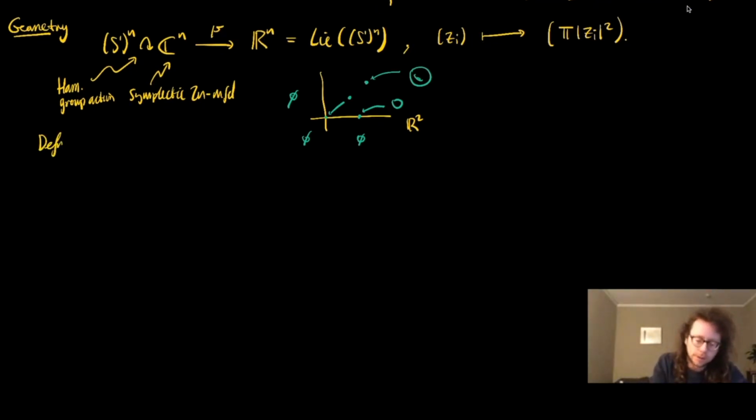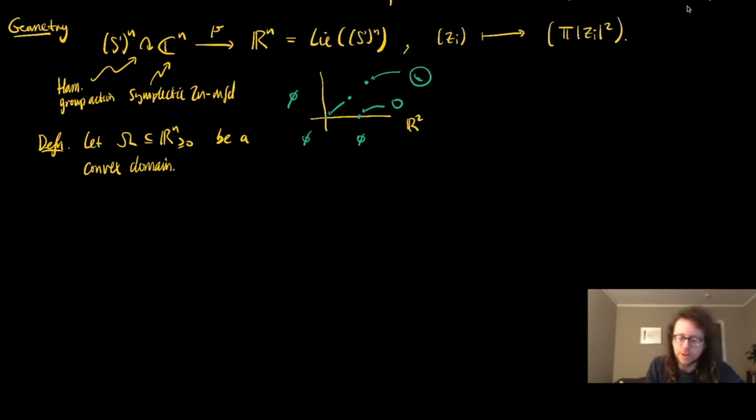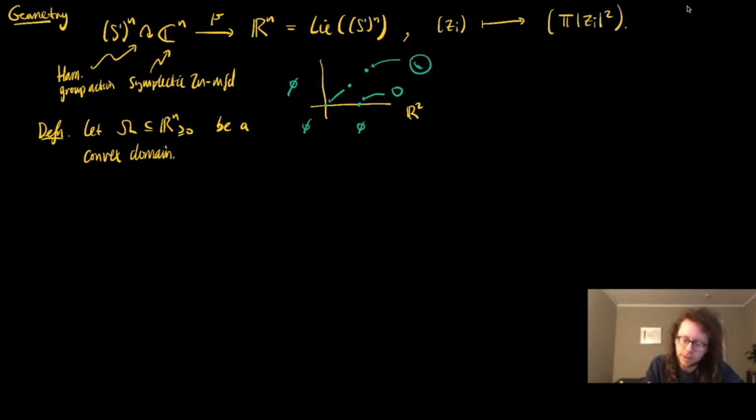Definition: let omega in the positive orthant of R^n be a convex domain, so a convex region satisfying A and B in my prelude.